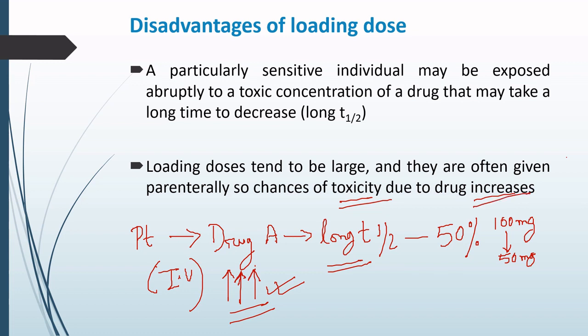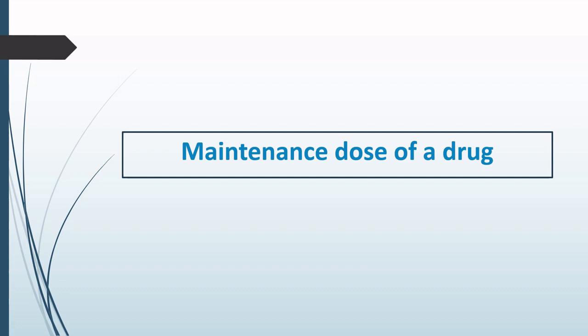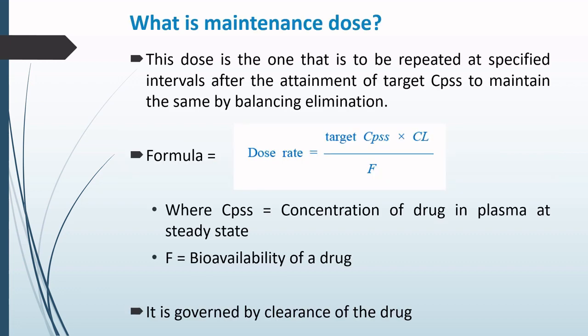So we move on to what is the maintenance dose of a drug. Maintenance dose is the one that is to be repeated at specified intervals after the attainment of the target concentration of the drug in plasma, represented by CPSS, to maintain the same by balancing elimination.